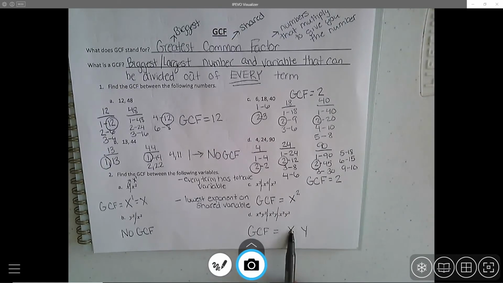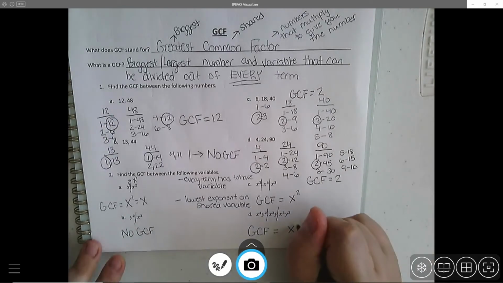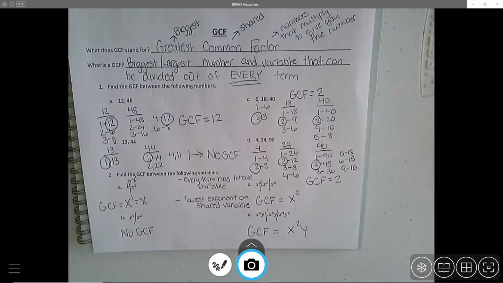So now, starting with the x, since they all share an x, ask yourself, what is the lowest exponent you see on any of the x's? On the x's up above, I see a 4, a 2, and a 3. 2 is the smallest number out of that, so 2 becomes then my GCF, x squared.